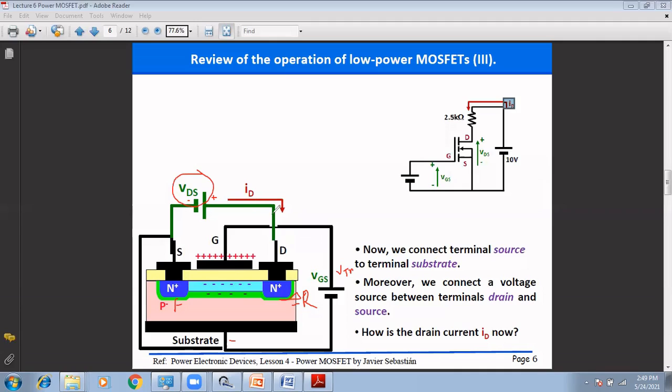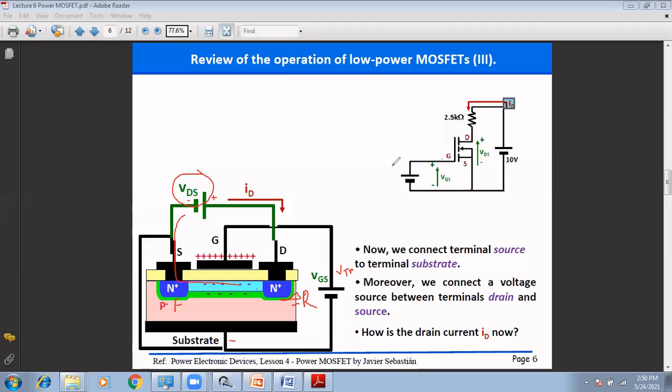So the electron flow, or the conventional current, that is the positive drain current, flows from the D terminal through the N semiconductor and this inversion layer towards the source. This path is completed with the VDS battery as a function of the VGS voltage. That means the gate to source voltage VGS controls this drain current.